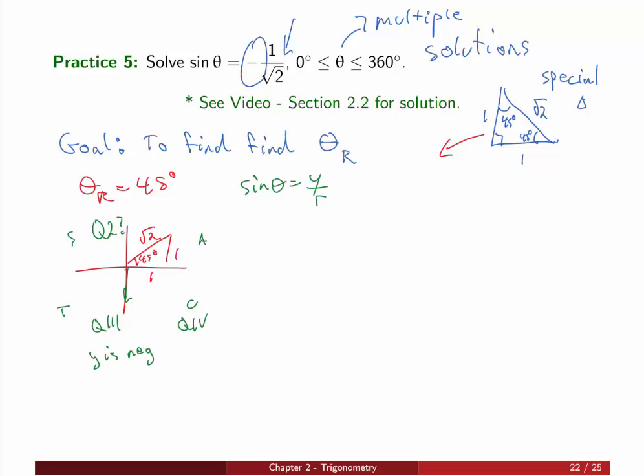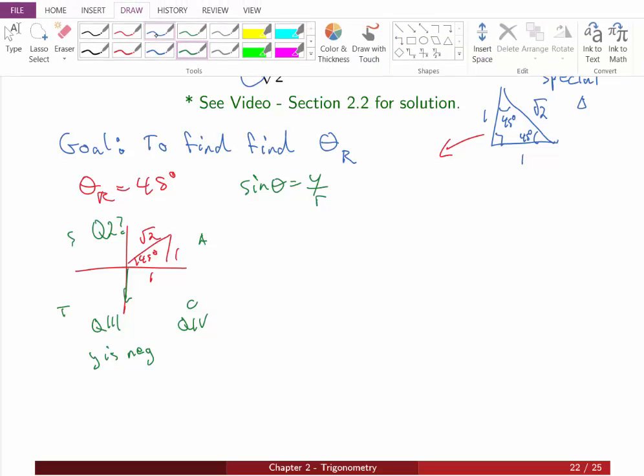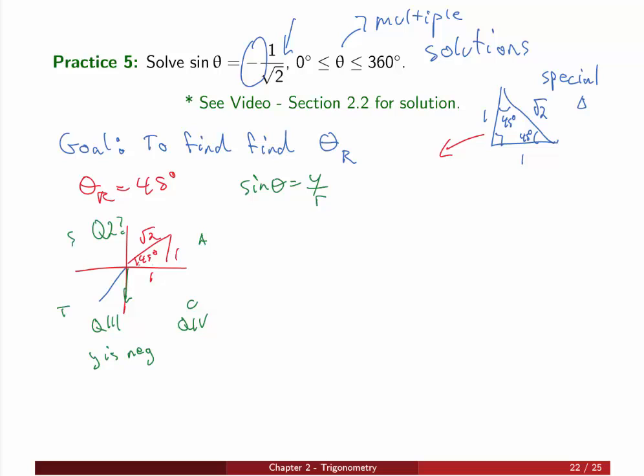So what we're looking at is two solutions. You already know the sides will have to be 1 and 1. This time we are going to have -1 for x.